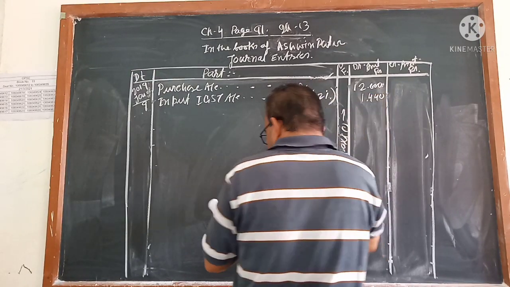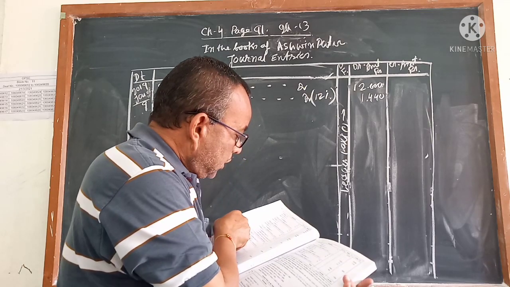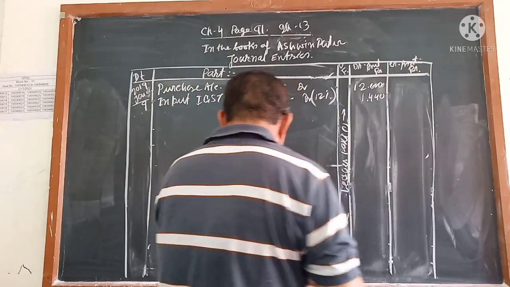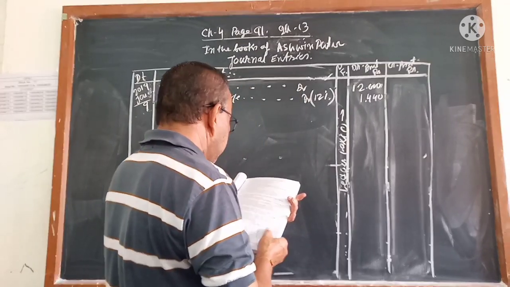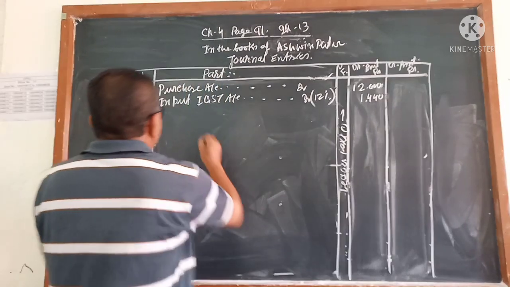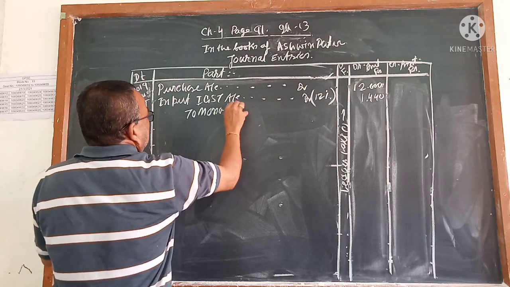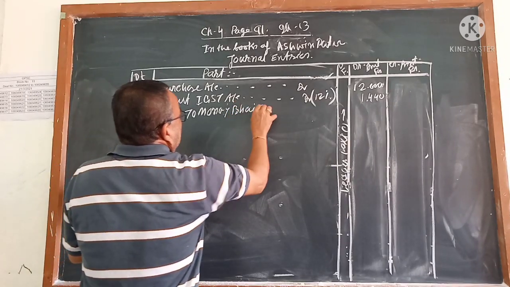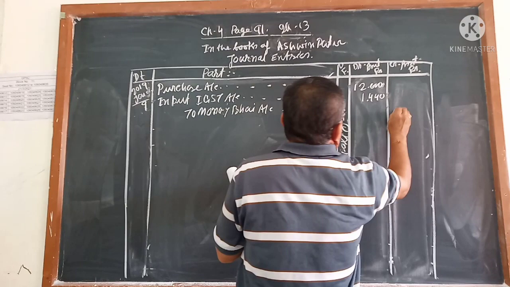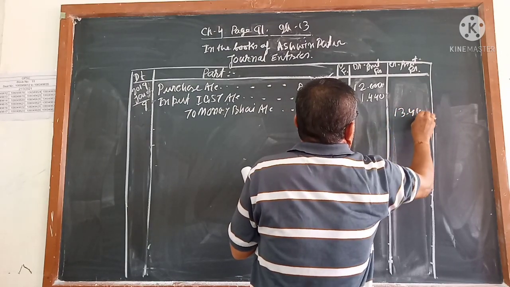I am not sure, most probably. देख लेते हैं. हाँ 1440. Okay, and this is a credit transaction to Manoj bhai. How much? 13,440.